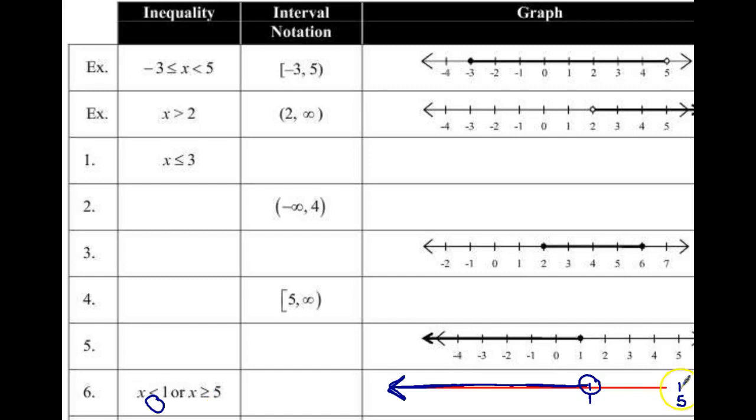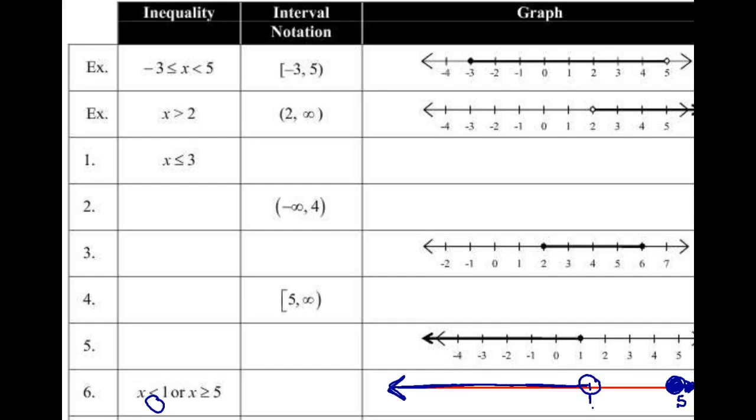So greater than, I'm going to start going right all the way. And I know it has an equal sign, so my 5 has to be an included value. So that's why we have 2 lines or 2 inequalities. Because these values between 1 and 5 are not included for x.